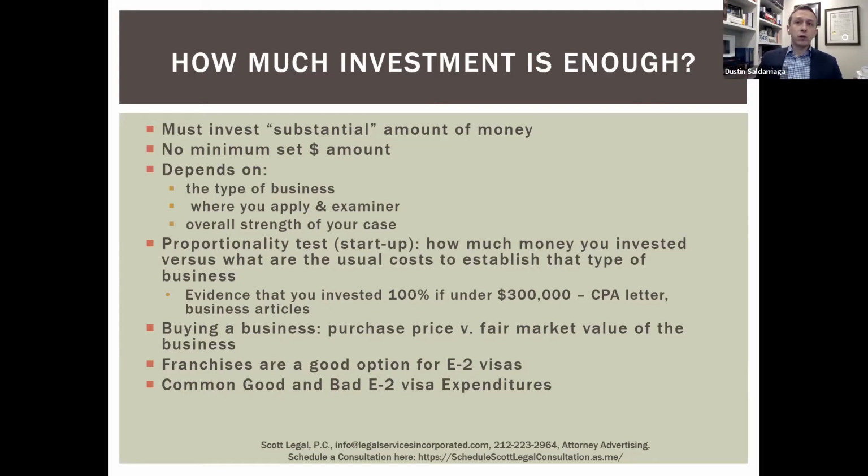Now, what we would consider a low investment amount is in general anything under $100,000. And again, it depends on the type of business, but if you're investing under $100,000, we would typically look at that application and try to find other ways to strengthen it, such as I mentioned before, by hiring a worker, if you can do that before you apply.